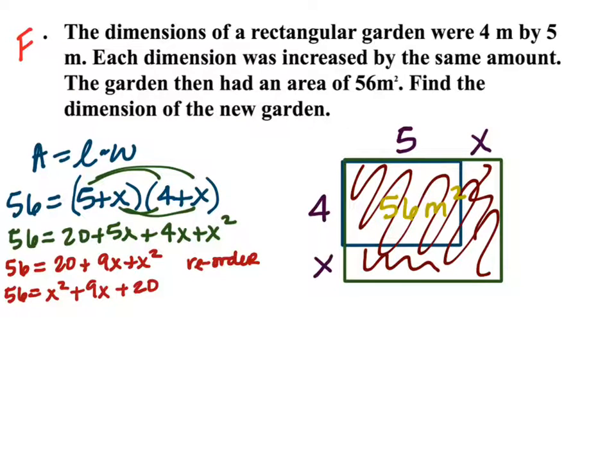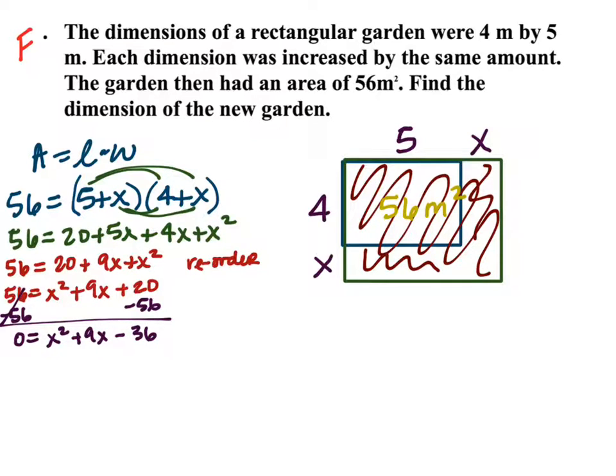I'm going to subtract 56 from both sides so I can use the zero product property, which is always fun. And here I do have a like term that I can combine. So this gives me 0 is equal to x squared plus 9x minus 36. Now when I go through the process of factoring, there is not a GCF, and there are three terms, and the first term has a coefficient of 1.